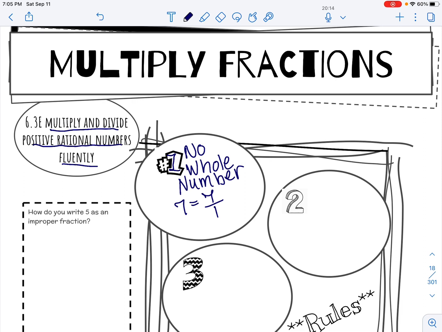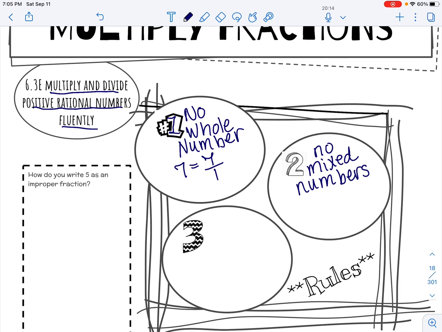Good job. All right, number 2, we have no mixed numbers. So no mixed numbers in our fraction operations, which means if I have 4 and 1/2, I need to use my Texas popcorn method and change it to an improper fraction, which means I am going to multiply my denominator times my whole number and add that product to the numerator, and my sum becomes my new numerator.